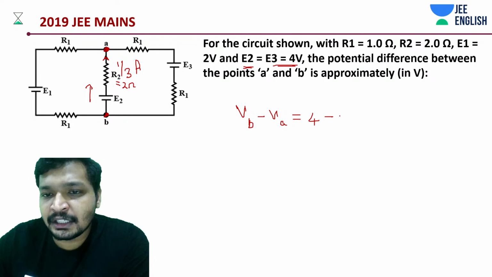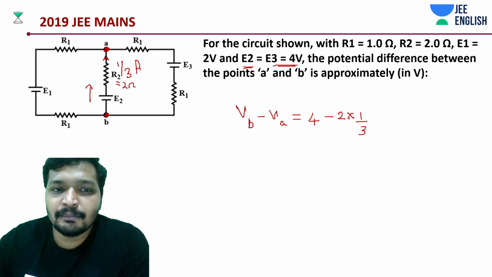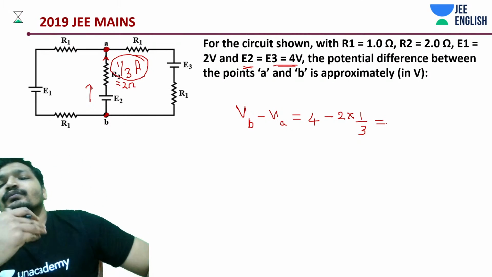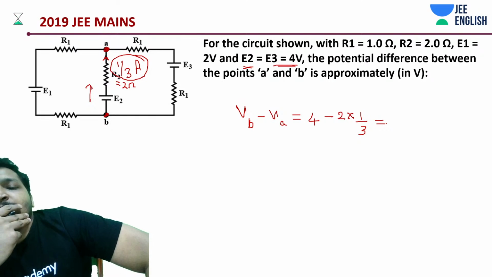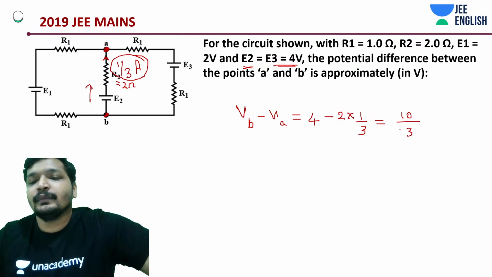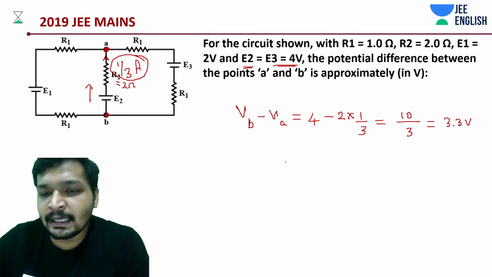We are moving in the direction of current. 2 into 1 by 3, that's it. How much are we getting? We are getting something like 10 by 3. So it's going to be 3.3. You can take any current, you will get this.